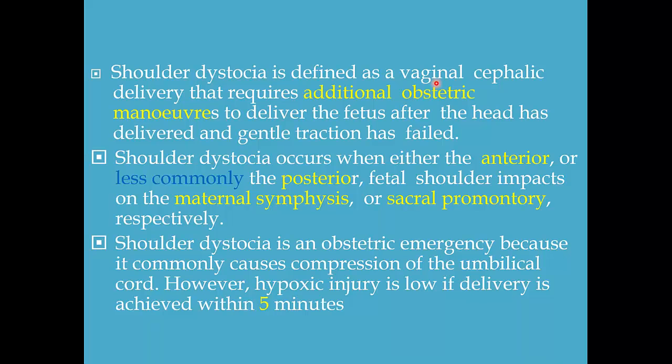Yes, the most important complications for the mother are postpartum hemorrhage and perineal tear, and also psychological problems. For the fetus, the most important one is hypoxia, and there is brachial plexus injury or fracture or even death. This is about fetal and neonatal morbidity.